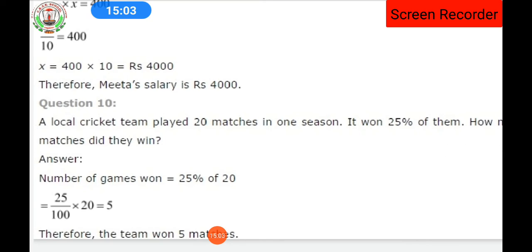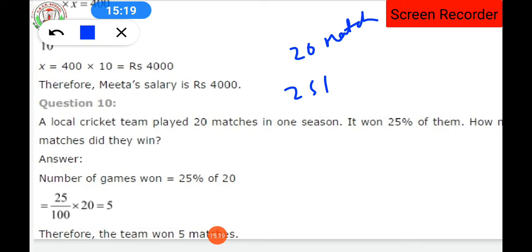Moving toward the last question of this exercise, the 10th question. A local cricket team played 20 matches in one season. Now, if they won 25% of them, that means 25% of 20, then how many matches did they win?